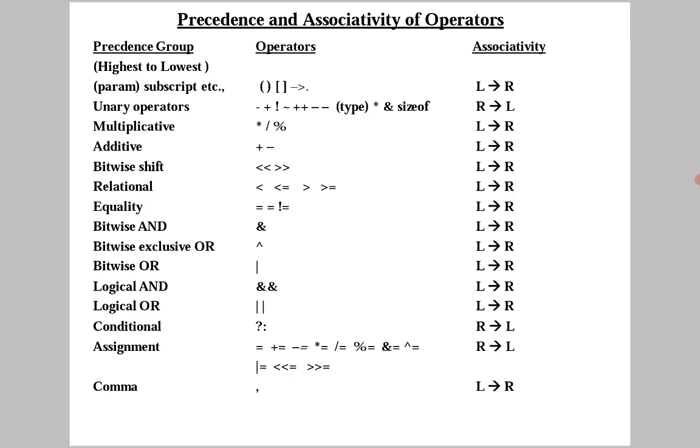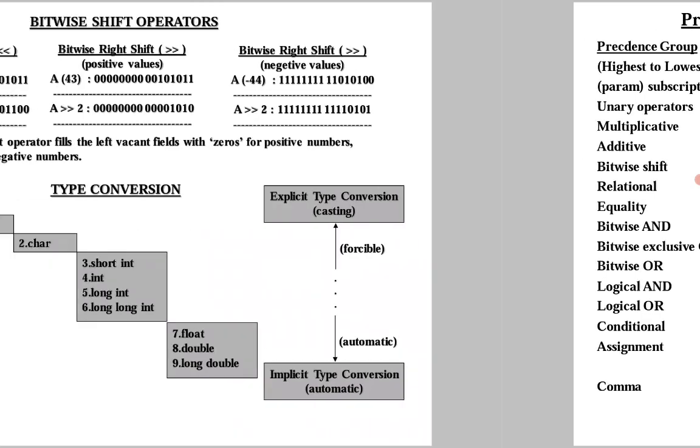Some operators are executed from left to right, and some operators are executed from right to left. So it is called the precedence of operators.